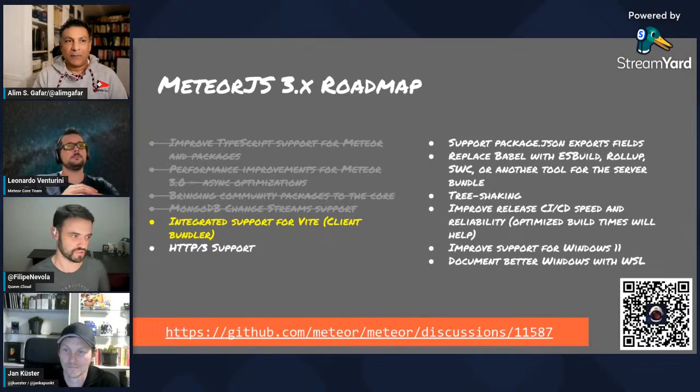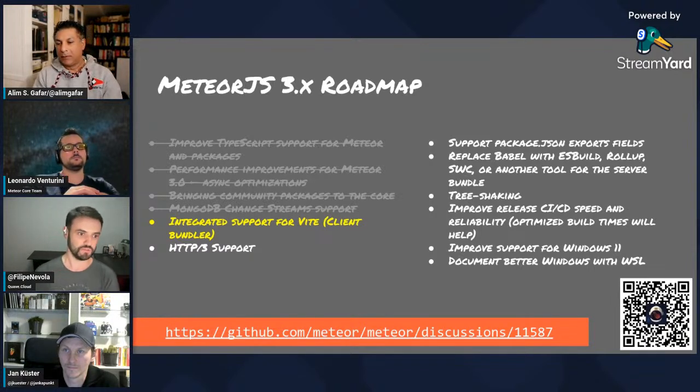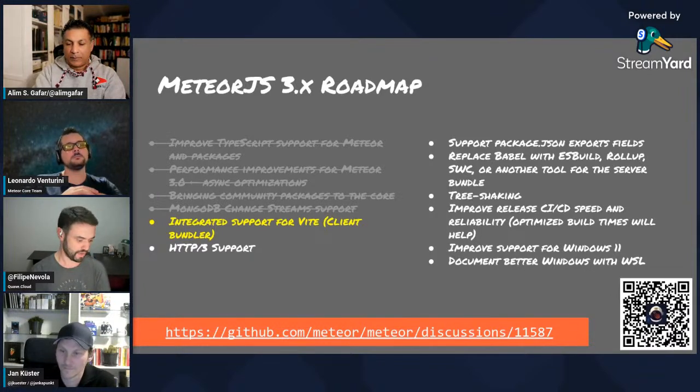You need to start your app from scratch, and who's going to start from scratch and choose Meteor again after that decision? It's counterintuitive. So I think you should create a way that you can move forward, but it's 100% compatible, or 90% compatible, or you just need to change a few settings. Otherwise, you're going to lose all the community, and basically the community is what keeps Meteor alive.